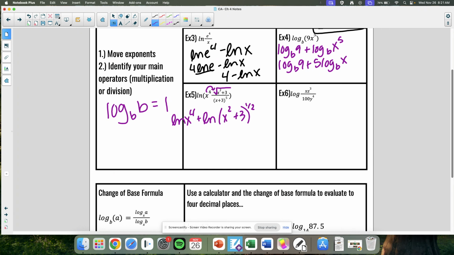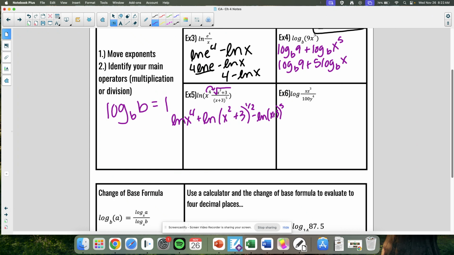So anything that was in the top of the fraction is positive. It's a multiplier. How many pieces do we have on the bottom? 1. Anything that's on the bottom is a divisor, so it's just minus ln of x plus 3 to the 5th.